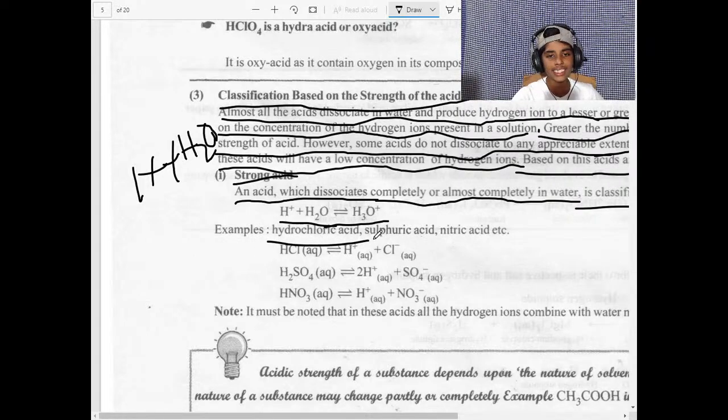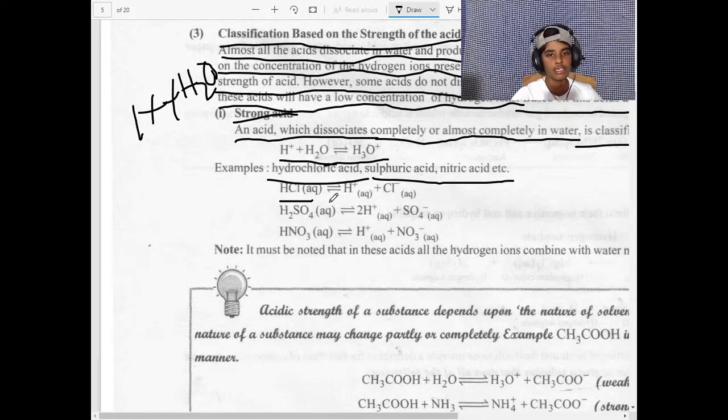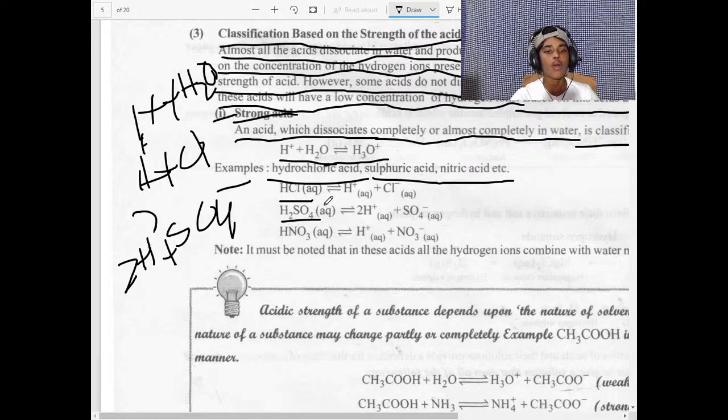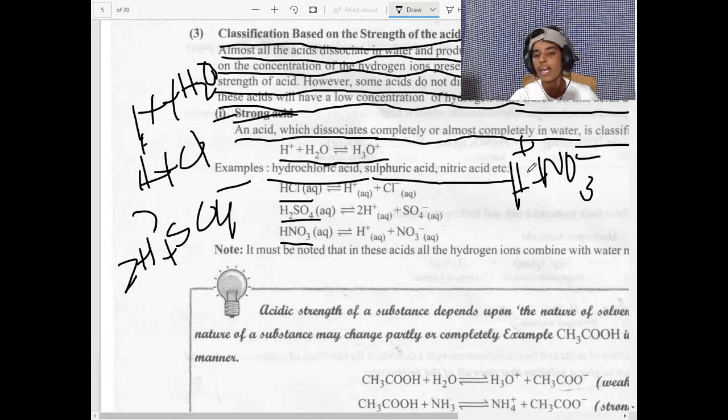Examples: hydrochloric acid, sulfuric acid and nitric acid, etc. HCl will give H+ plus Cl-, and H2SO4 will give 2H+ plus SO4 2-. This is (aq). And next, HNO3 will give H+ plus NO3-.